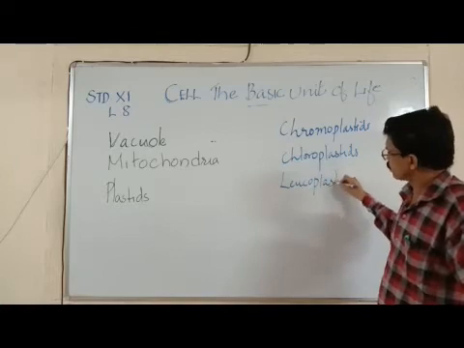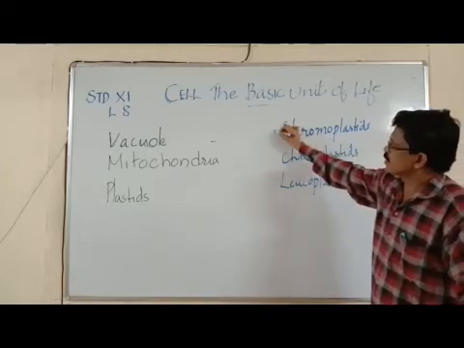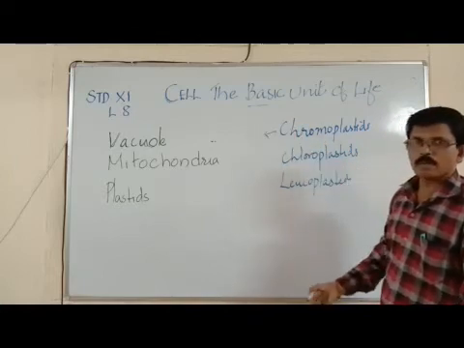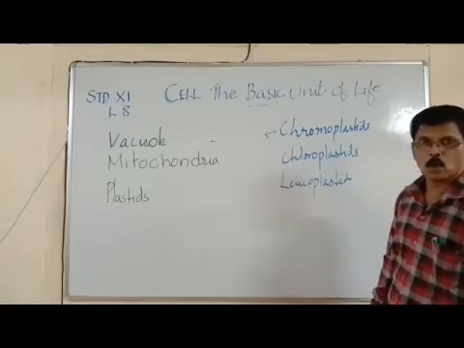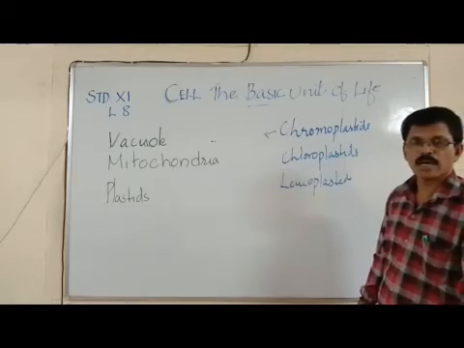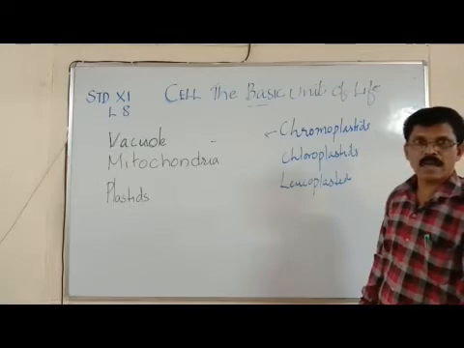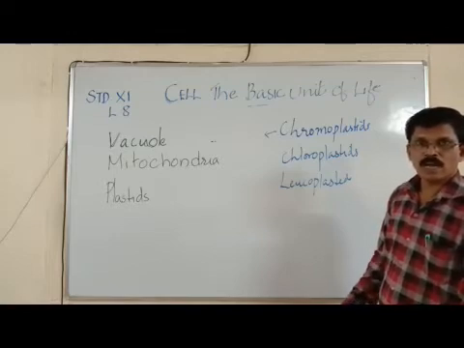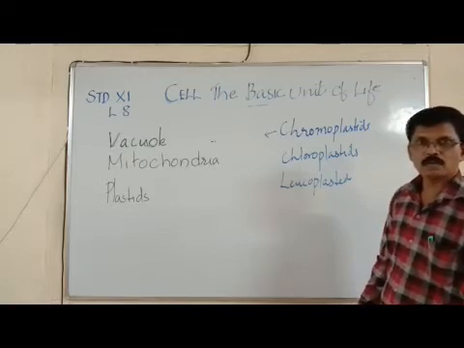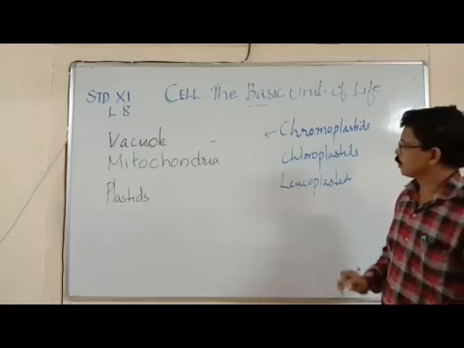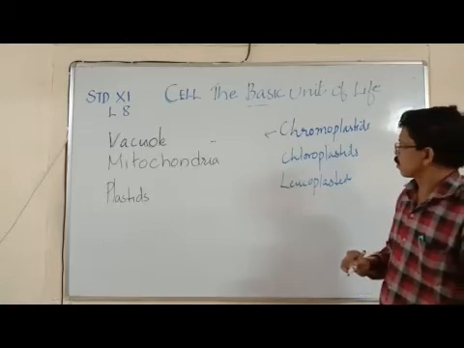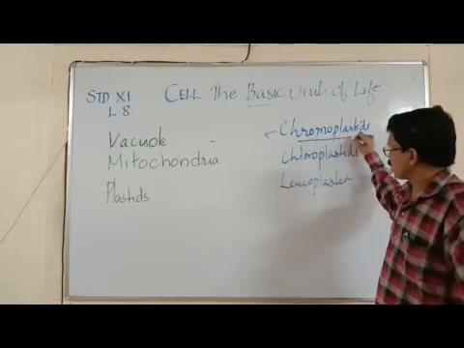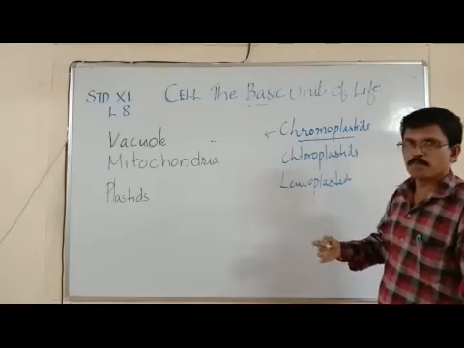As the name indicates, chromoplastids contain various coloring pigments like orange color carotene, yellow color xanthophyll. So carotenoids and xanthophylls are the most common type of pigments present in the chromoplast. Chromoplasts are varying coloring plastids.